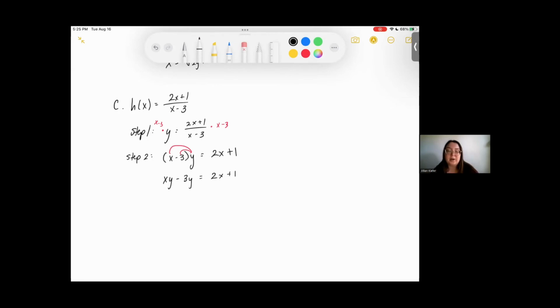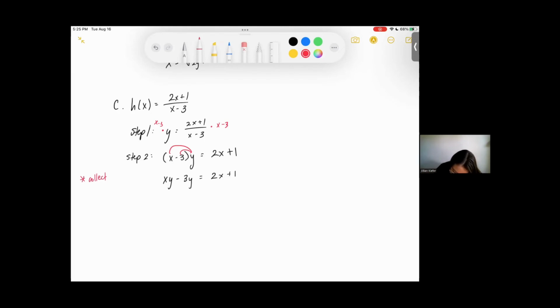So what we're going to do right now is take our x terms, meaning the terms that have an x in them, bring them to one side, and then take our non-x terms and bring them to the other side. So we'll have anything that has an x in it on one side and anything that doesn't have an x on the other. We're going to write that off to the side here.